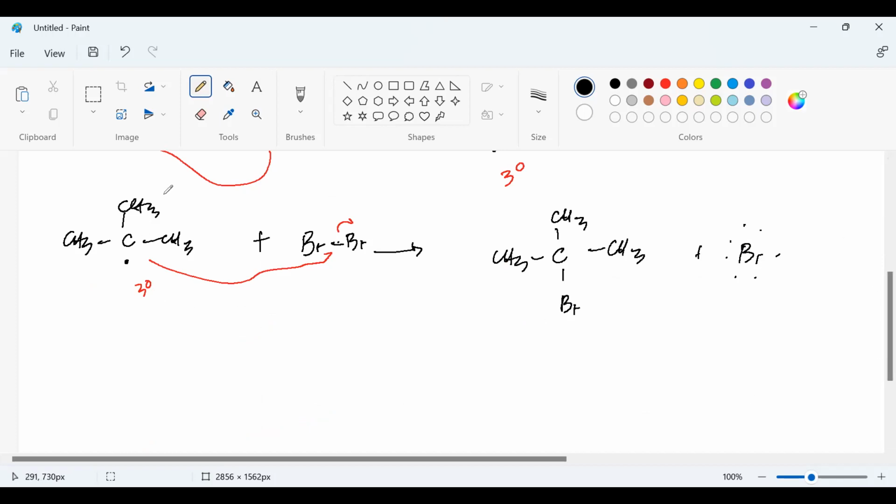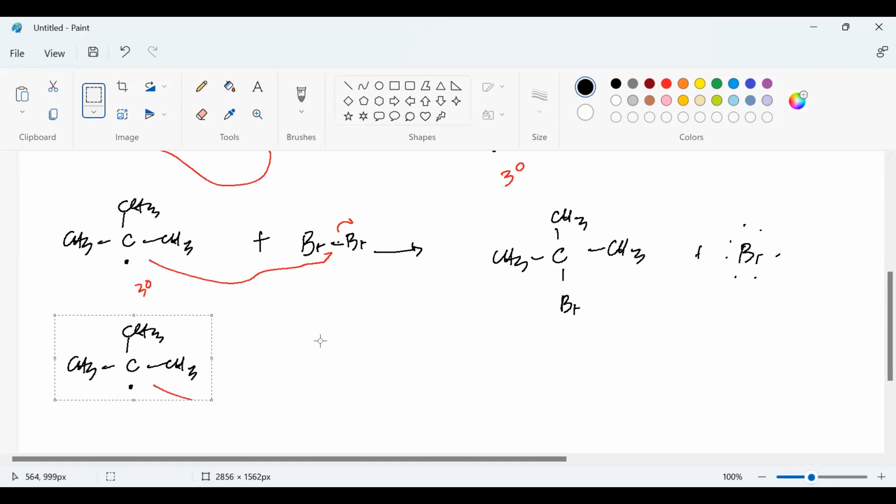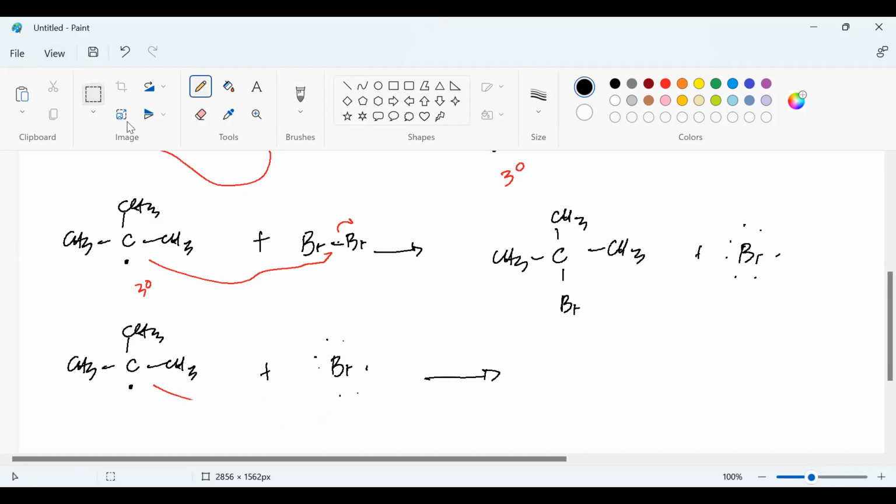Alternatively, you have the termination step. You will have this. Let's just copy this one. Okay, and plus your Br dot. You will form your product. No? This is already your termination step.